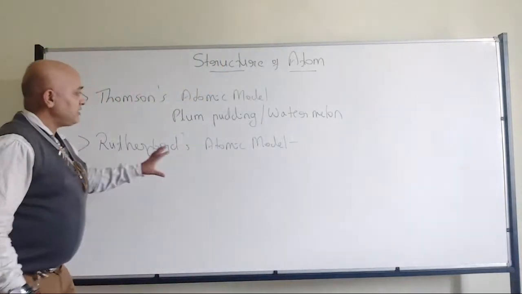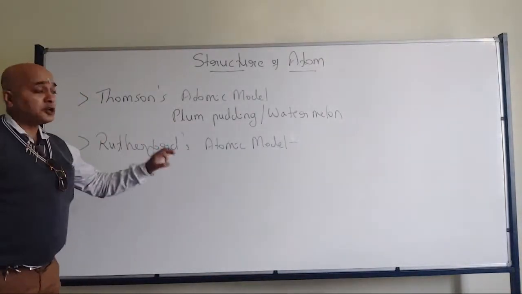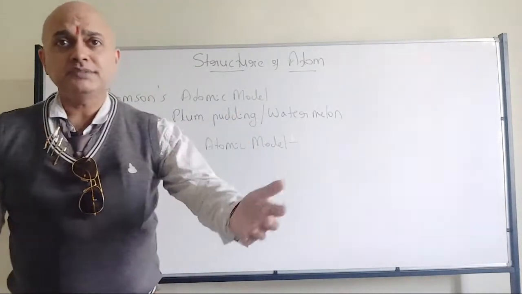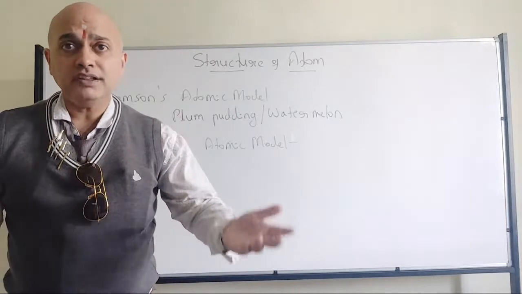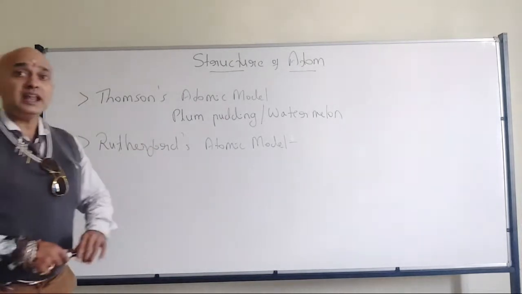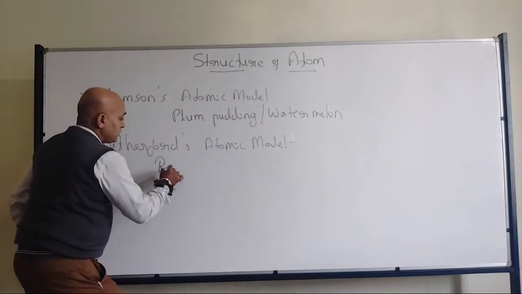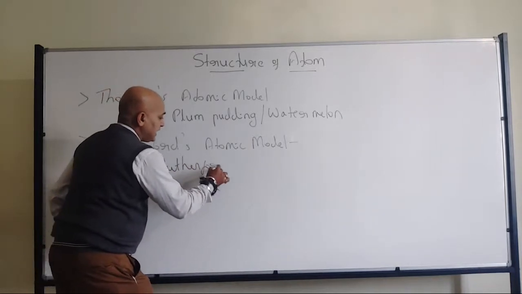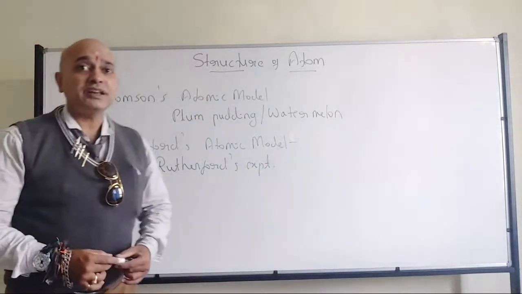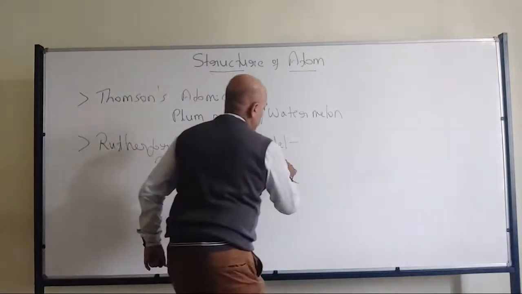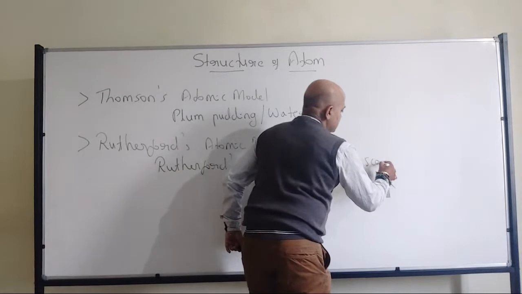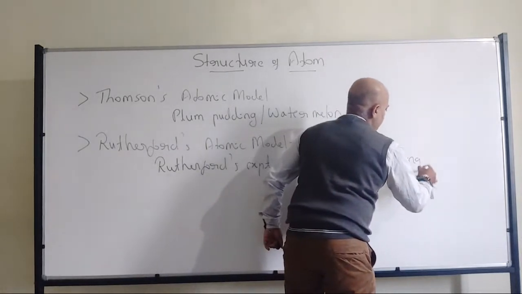One thing I'll make clear, Rohan: Rutherford's atomic model is not called the alpha particle scattering experiment. I think you might have written that for Rutherford's experiment. Rutherford's atomic model is based on Rutherford's experiment, that is, the alpha particle scattering experiment.